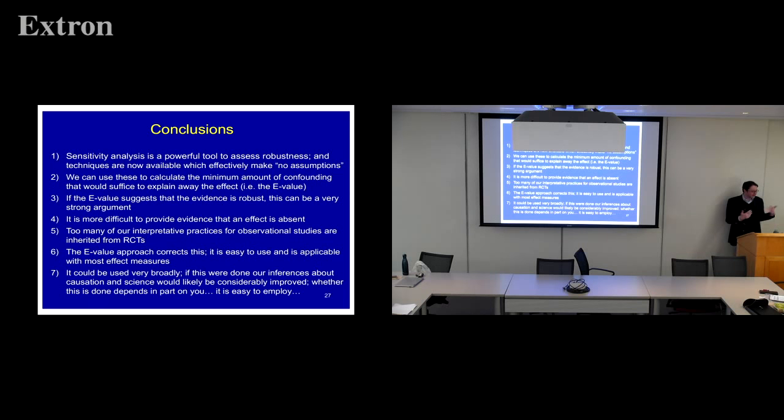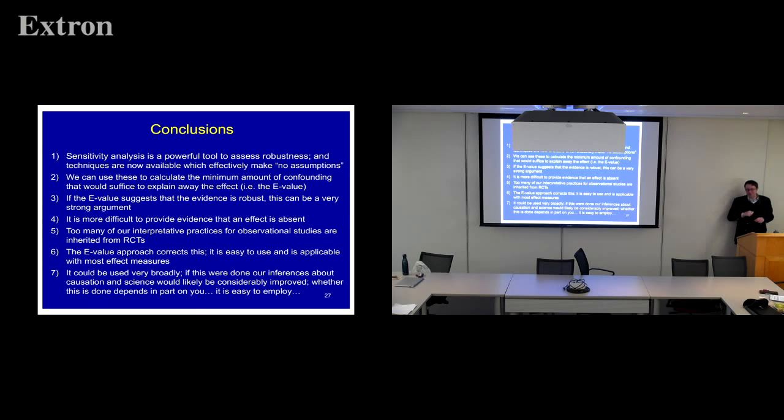These techniques have the advantage of not making assumptions about the structure of the unmeasured confounder, and so can potentially address reviewer concerns. It's pretty easy to calculate and report the minimum amount of unmeasured confounding which would suffice to explain away the estimate or the confidence interval.